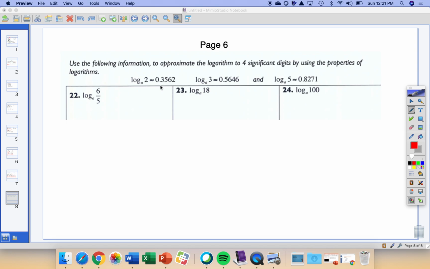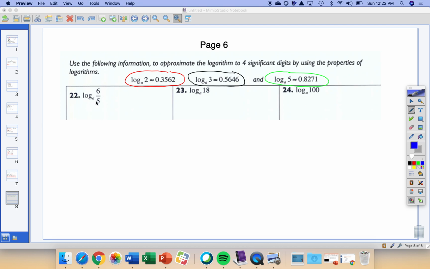Okay, it says let log base a of 2 equal this number. And we're going to let log base a of 3 equal this number. And we're going to let log base a of 5 equal this number. So the red, black, and green. Okay, I want to find log base a of 6 over 5.